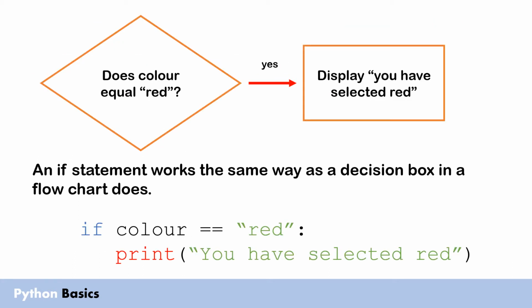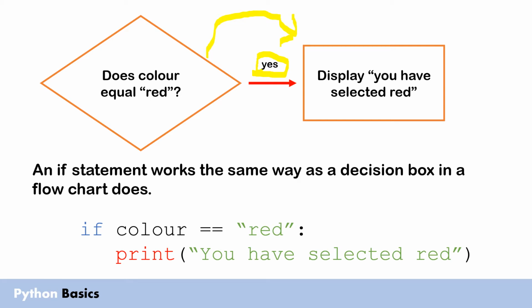For those of you who are familiar with flowcharts, you can think of an if statement like a decision box in a flowchart. A decision box in a flowchart will have a yes or no coming out of it. This is equivalent to true and false. So if the condition is true or yes, then it's going to jump from here over to here.